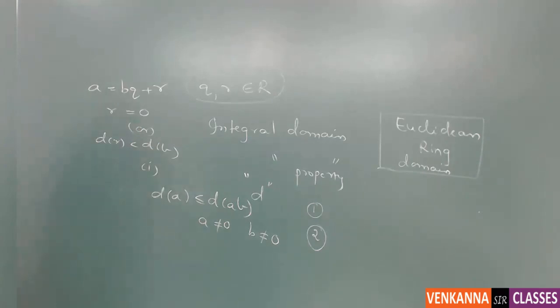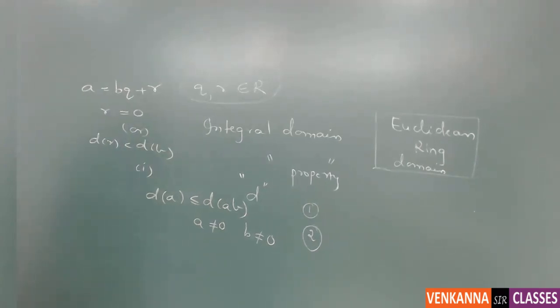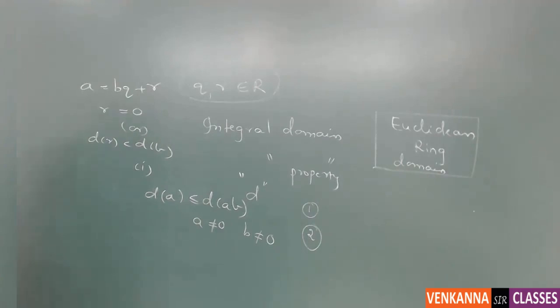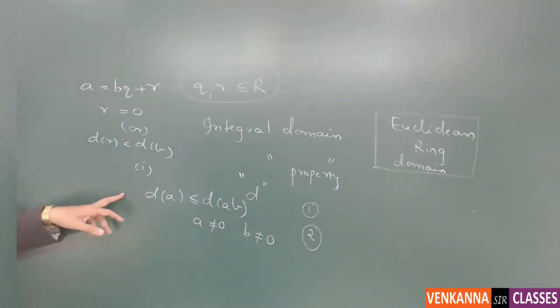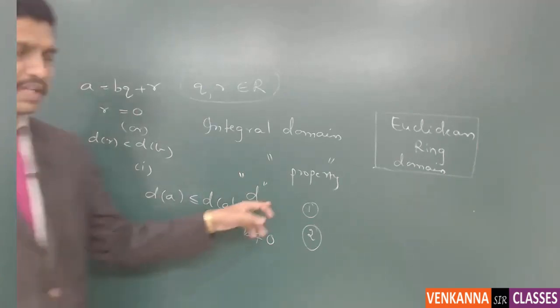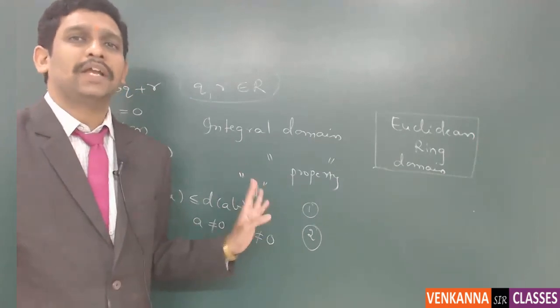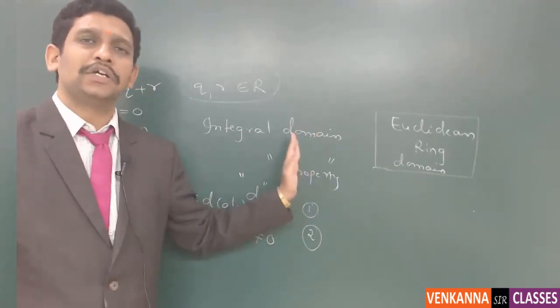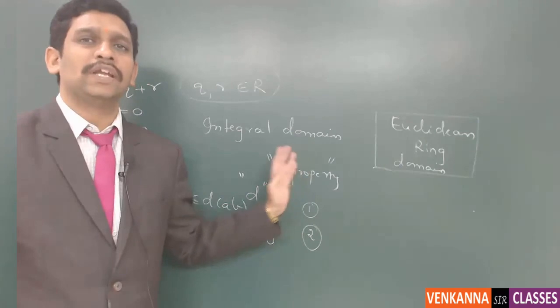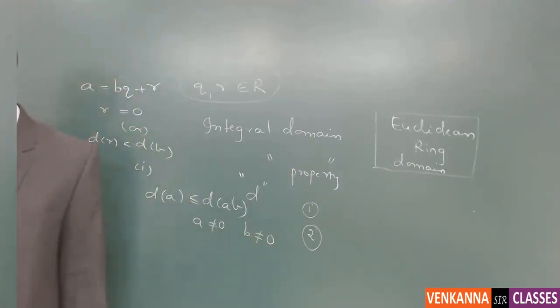These are the two conditions. Right? So if there exists a function satisfying these two conditions, then we say that it is an Euclidean ring or Euclidean domain. Is it clear? The definition part. Please take a note of this.